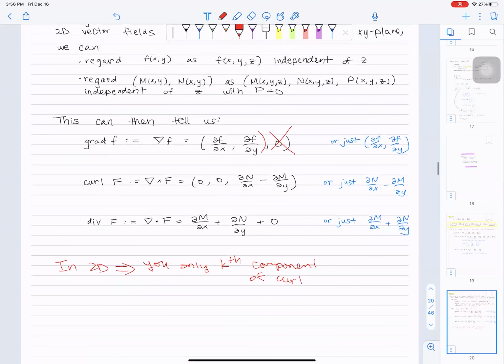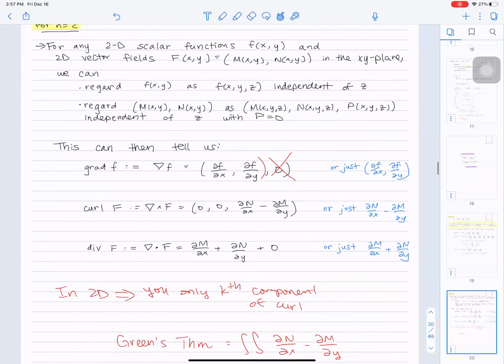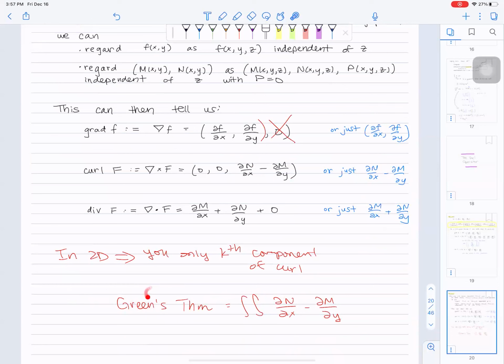Why is this important? This looks familiar, right? It is like Green's theorem. In Green's theorem, we have the double integral of n over x minus m over y. That happens because in Green's theorem, we're always dealing with 2D surfaces. If we're in 2 dimensions, our curl only gives us the k component.